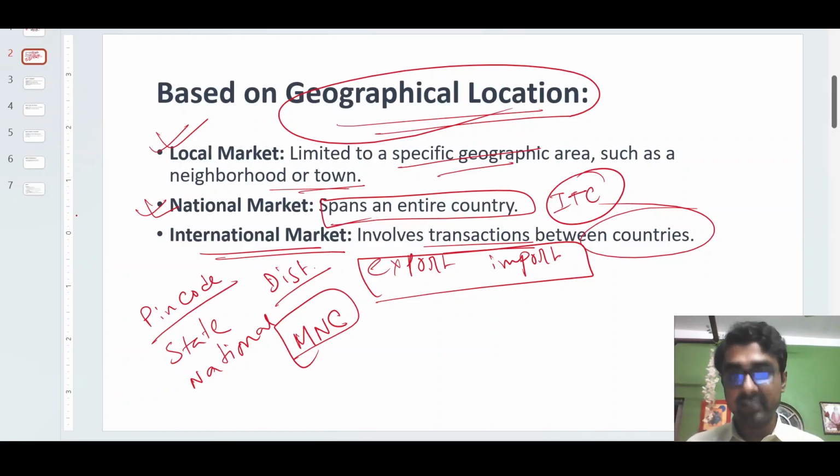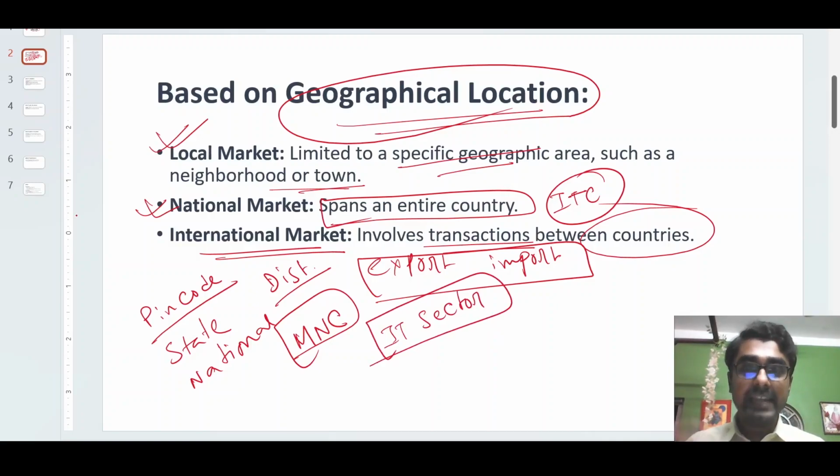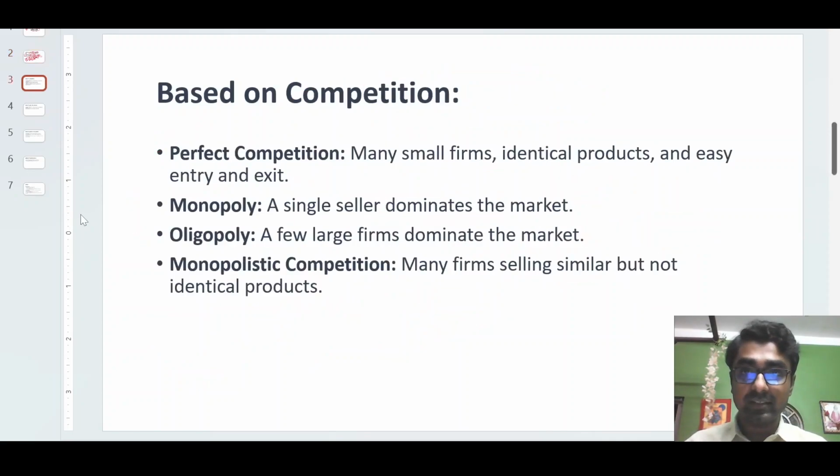For example, the IT sector takes different software development projects that originate from a foreign country, like Switzerland or Singapore. That is called the international market, because the software is developed by people from India and the customer is located in Singapore or Myanmar. Fine. So these are the different types of market on the basis of geographical location.